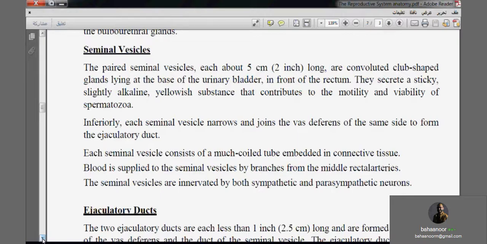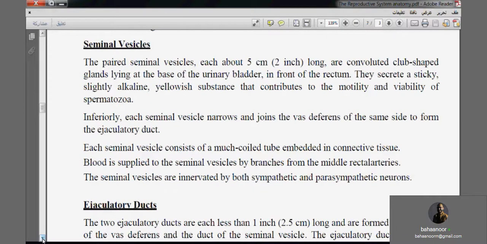Each seminal vesicle consists of a much coiled tube embedded in connective tissue. Blood is supplied to the seminal vesicles by branches from the middle rectal arteries. The seminal vesicles are innervated by both sympathetic and parasympathetic neurons.